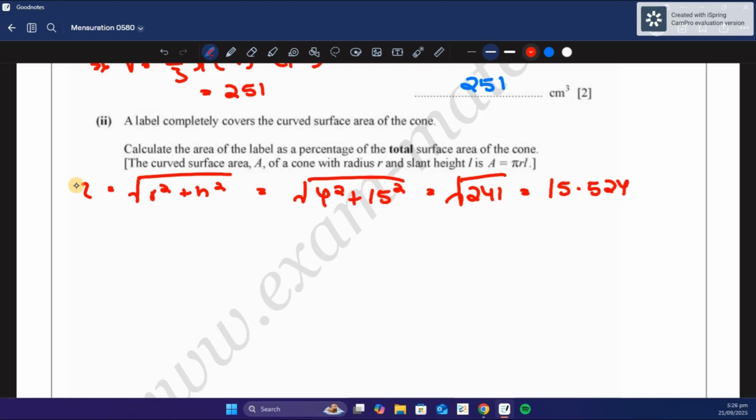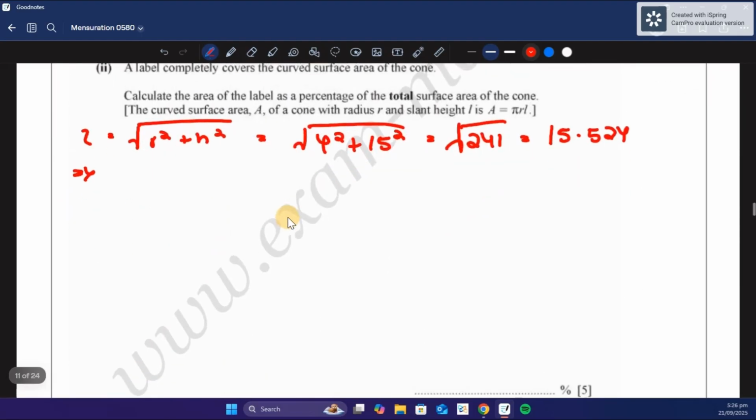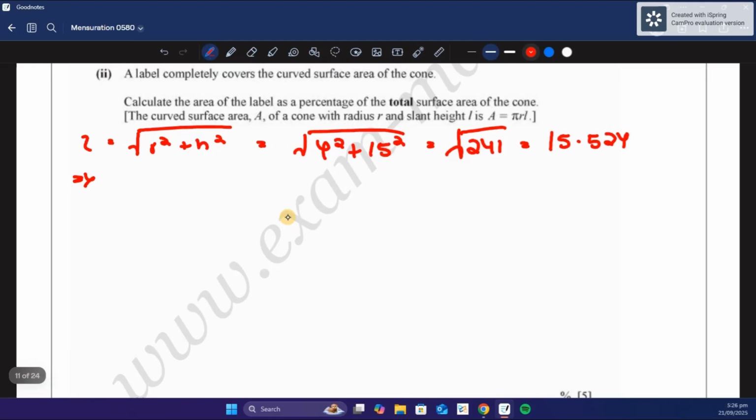Now, for the surface area of the cone, sorry, the curved surface area, let's find the curved surface area.